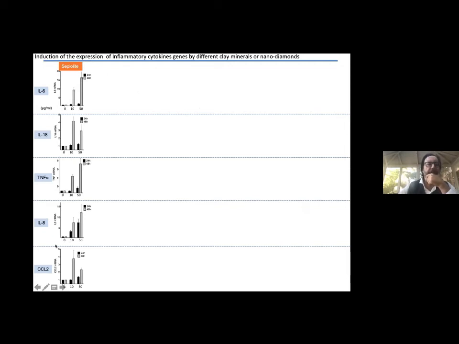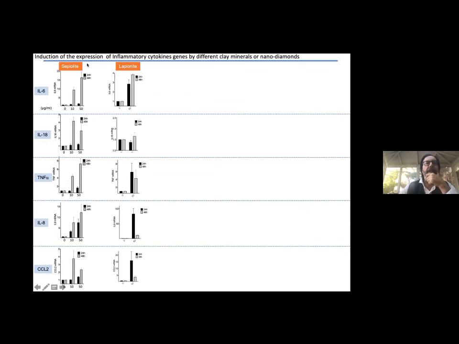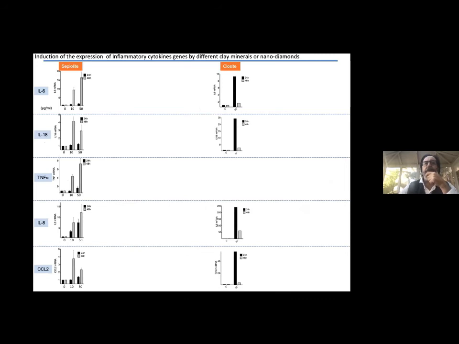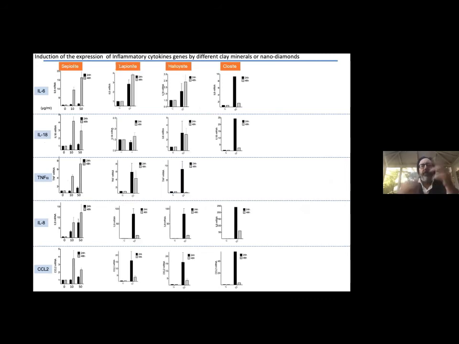Here is the result with different cytokines. The induction of cytokines with sepiolite, laponite, halloysite, nucleoside. The point is that all the clays we have tested are able to generate the induction of inflammatory cytokine genes.